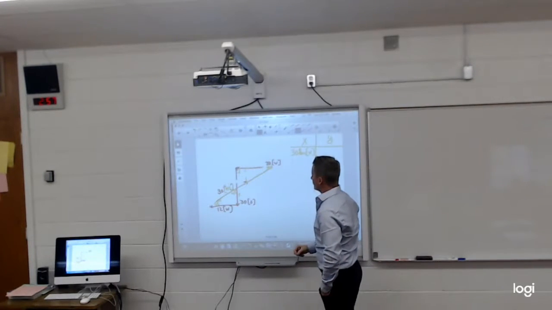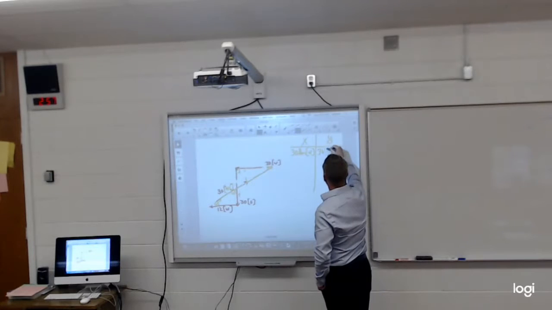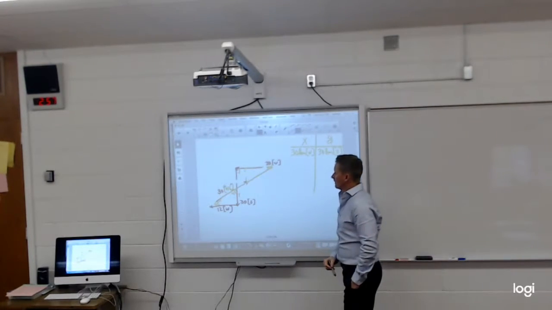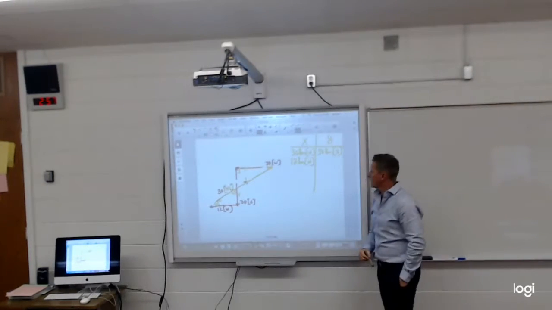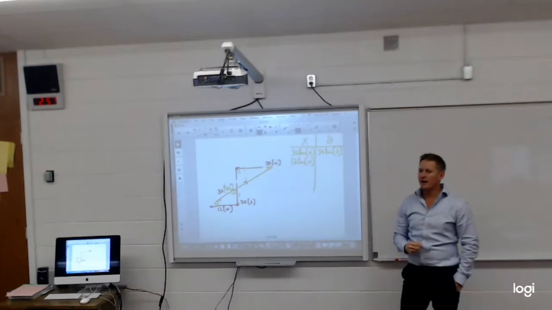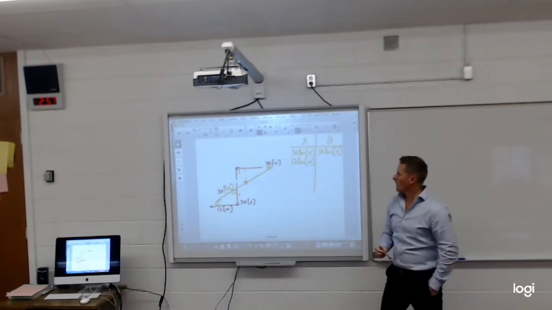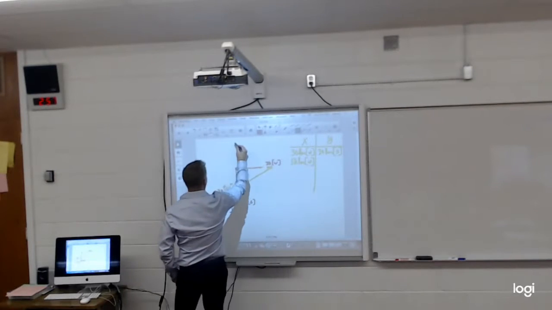The second one was 30 to the south. And then 12 at the end. So far, so good. Now I have that northeast one. So what I'm going to do is draw it up here.